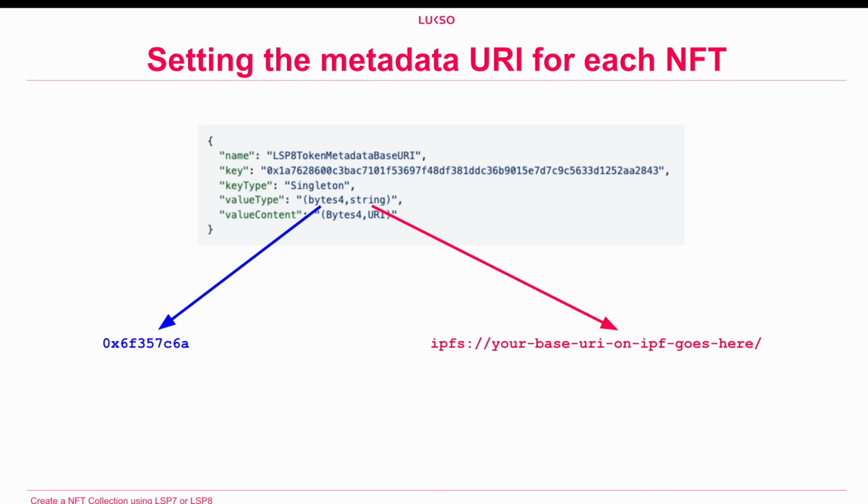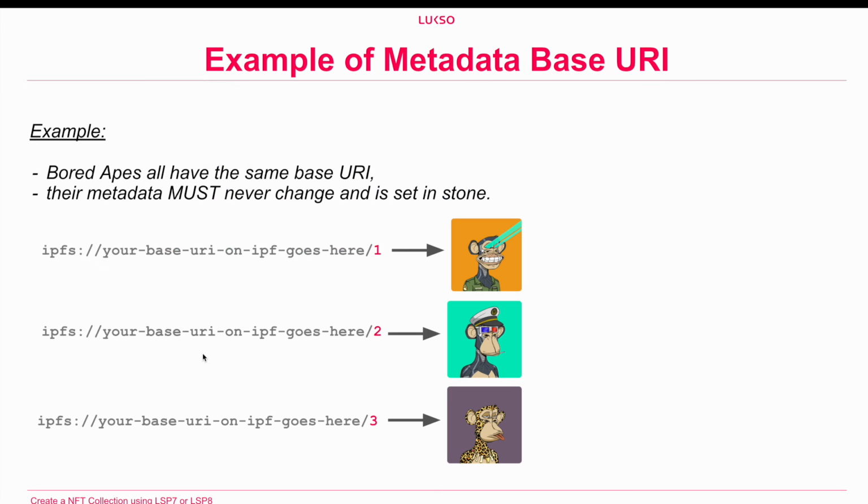What this parameter takes is basically the hash function, the verifiability, and this is the constant for verifiability, and this is the base URI that you will use.